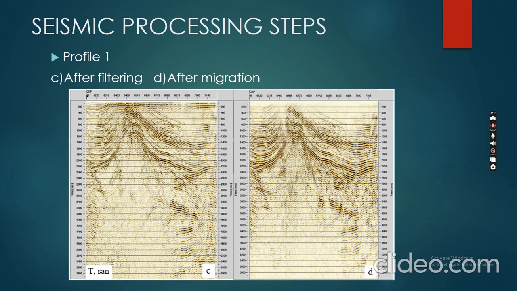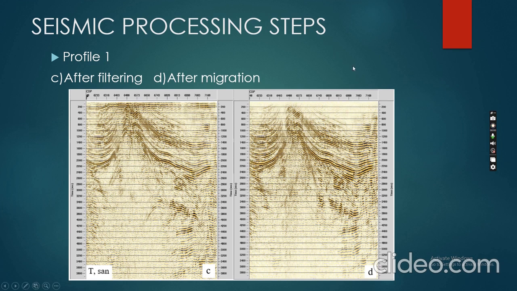And one thing I would like to mention is that in the processing steps we use a time versus offset map, but in attribute analysis we use a depth versus offset map, and when we convert the time to depth, we call this process time to depth migration.